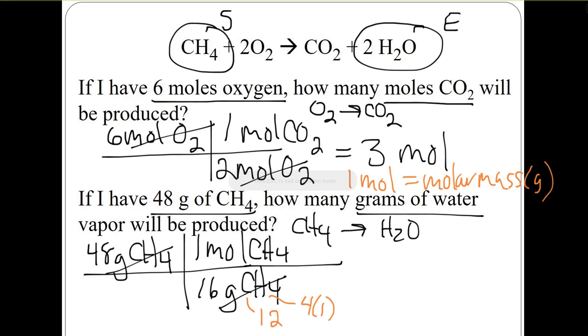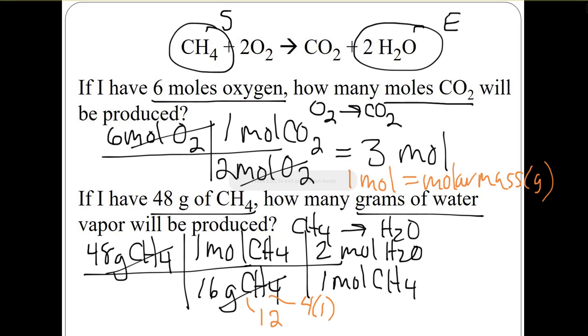So now we're going to switch from working with methane to working with water. And to do this, I'm going to use the balanced equation. So I'm going to put moles of methane down here and change it to moles of water. And then the numbers that go in front here come from the balanced equation.